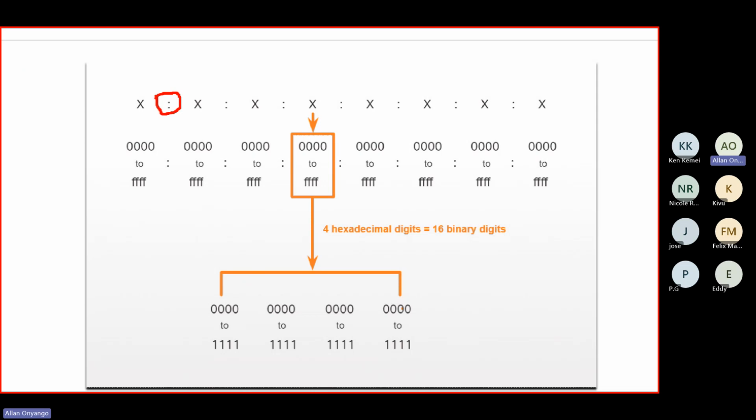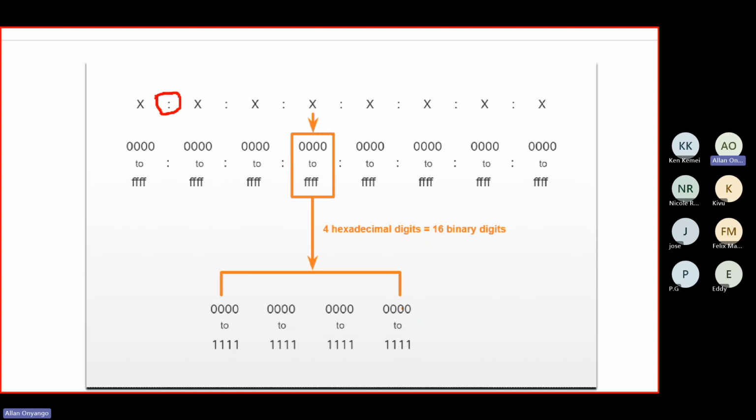In IPv6, each part is given a name that is not yet official, but the name is hextet, from hexadecimal. So in IPv4 it is octet, in IPv6 it is hextet. I'm getting to the most difficult part now.